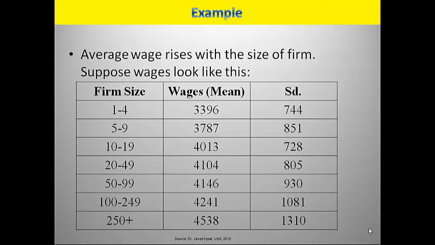Let's see one example. Average wage rises with the size of the firm. Suppose the size of the first firm is 1 to 4, with mean wage 3396 and standard deviation 744. And the size of the last firm is 250 plus, with mean wages 4538 and standard deviation 1310.